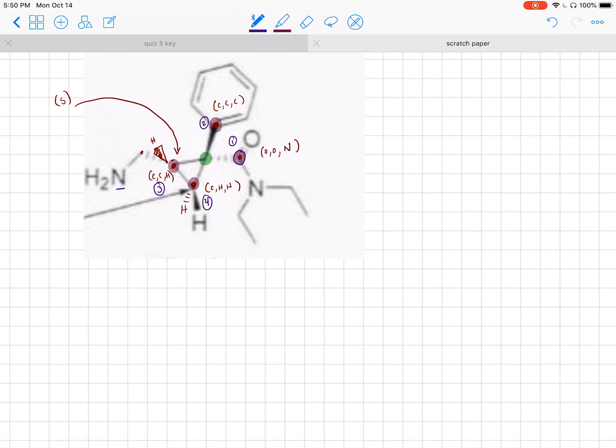So this numbering, here, let's erase everything else. Okay, so let's see. Let's remember we're looking at this carbon right here, and let's fix this 3.